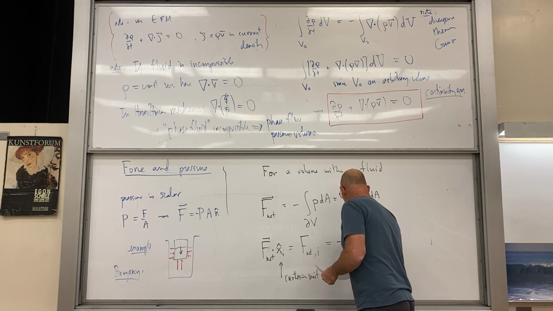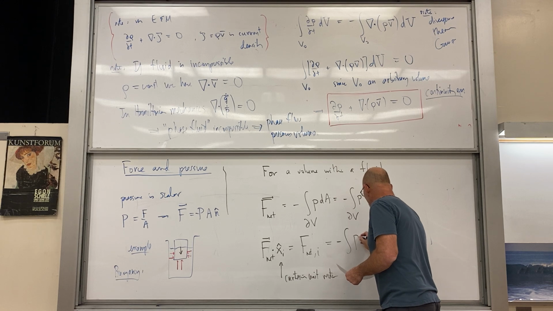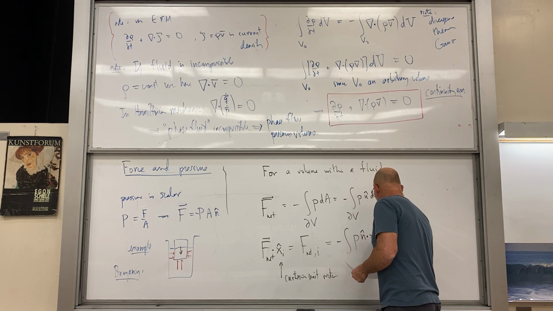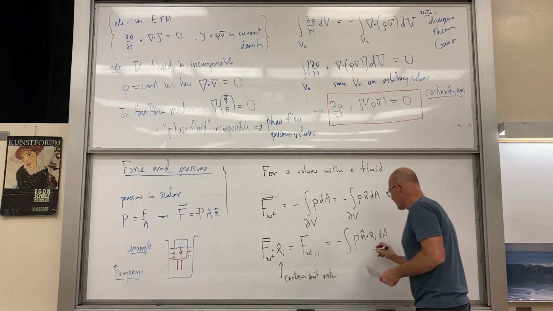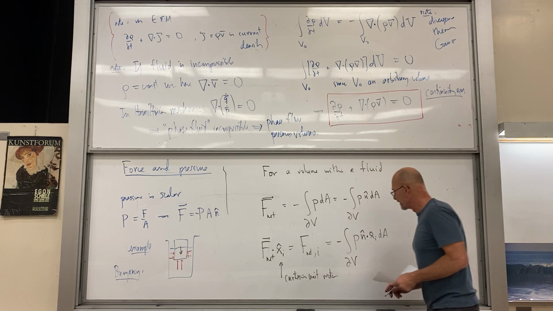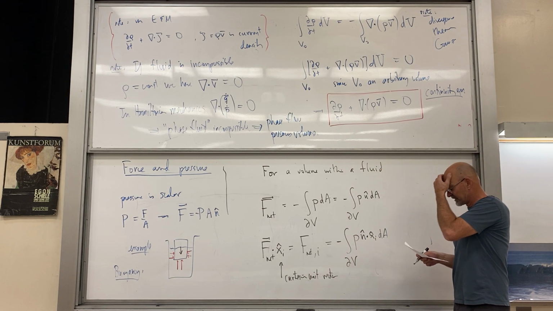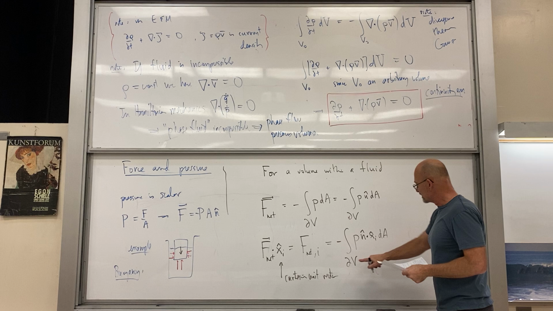Over here it's going to be minus P n hat dotted into xi hat d area. This was on the boundary.